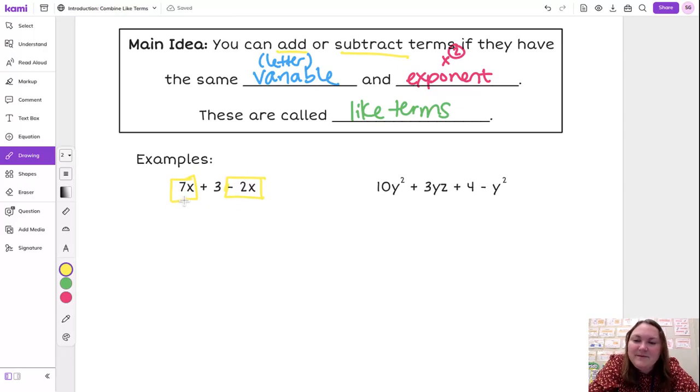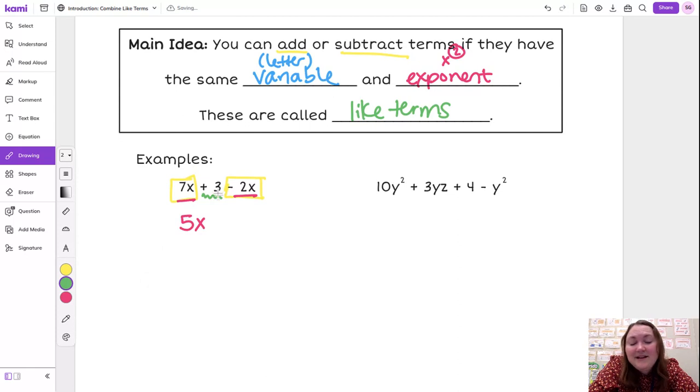So for this problem, we say 7x minus 2x. Well, I know 7 minus 2 is 5, and then all I have to do is copy what comes after. So the x comes after, I copy the x. 7x minus 2x is 5x. That is not my final answer, though, because my expression also had the plus 3.